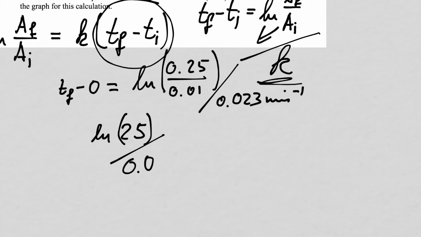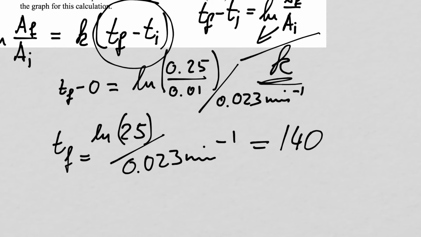Divided by 0.023 minute to the minus 1. And no, unfortunately, I can't do that in my head. So if you do that, you get 140. What? Bananas, apples, oranges? Minutes. It has to be minutes because it is the unit for the time.